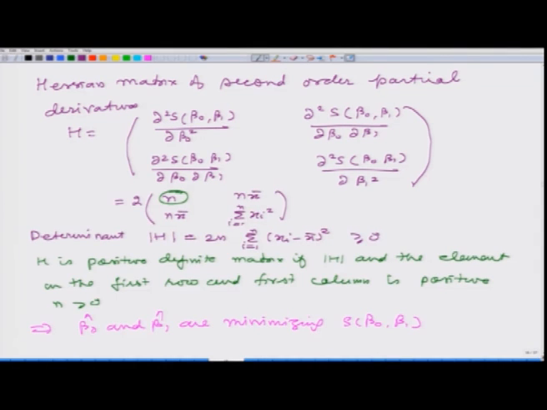And this matrix has to be obtained at beta 0 equal to beta 0 hat and beta 1 equal to beta 1 hat.